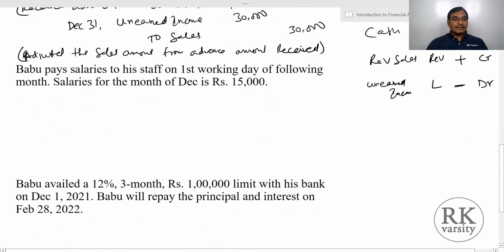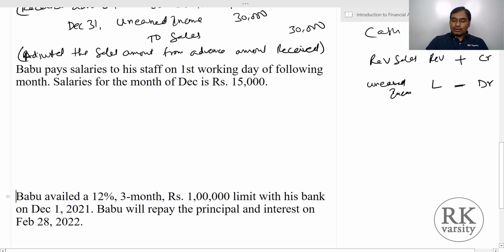Next is Babu pays salaries to his staff on the first working day of the following month. So salaries for the month of December is rupees 15,000. Now this salary for the month of December is paid on the first working day of the following month, that is Jan 1st. But our fiscal year is closing on December 31st.